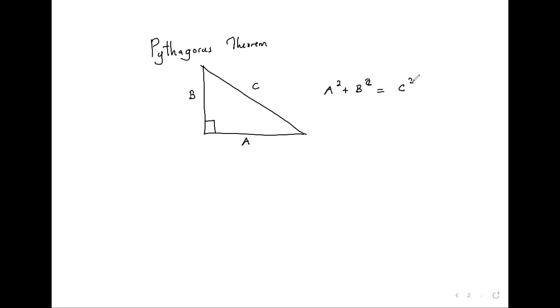So if this one is unknown, then you say A squared is equal to C squared minus B squared. Because you want A, you square root C squared minus B squared. So it's actually a theorem.